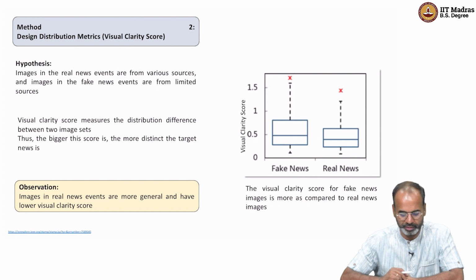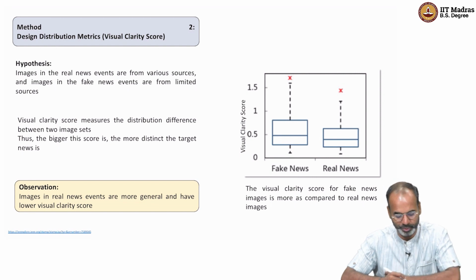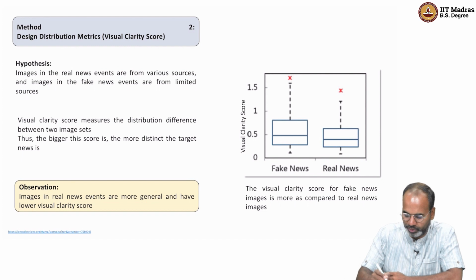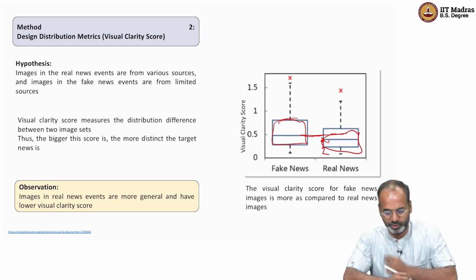Thus, the bigger the score is, the more distinct the target news is. Images in real news events are more general and have a lower visual clarity score. Real news has a lower score compared to fake news.